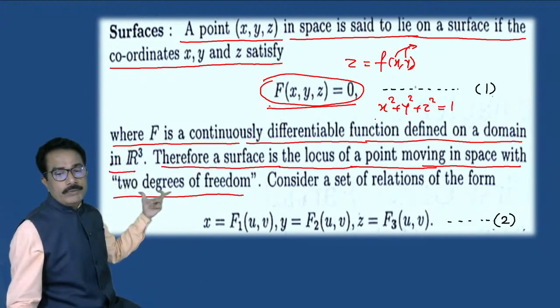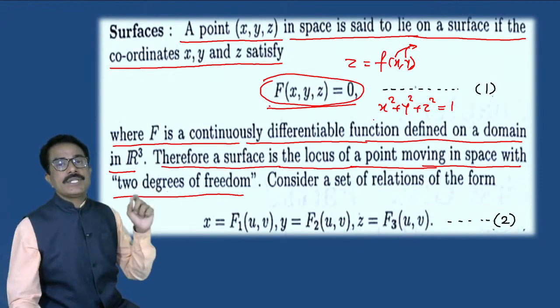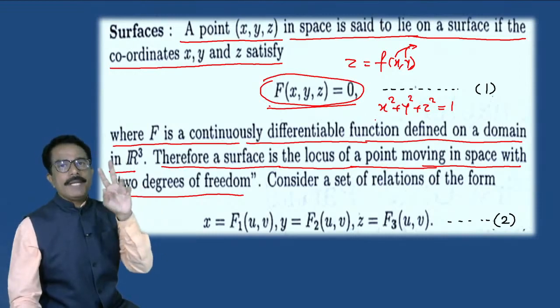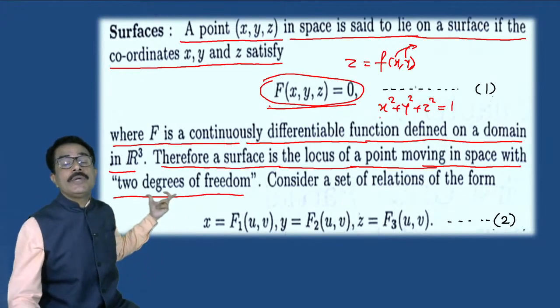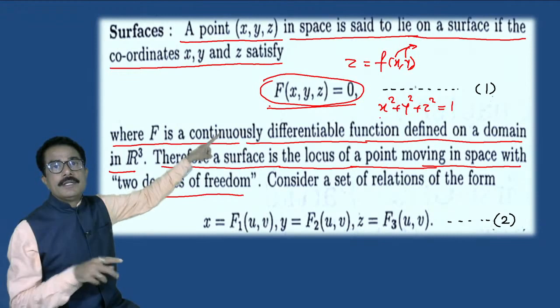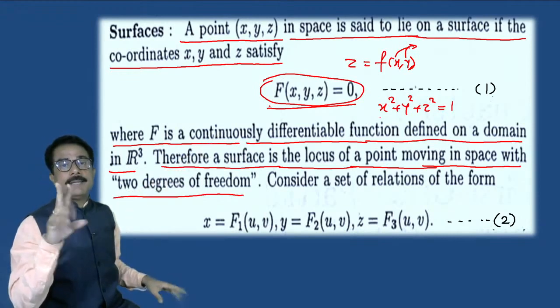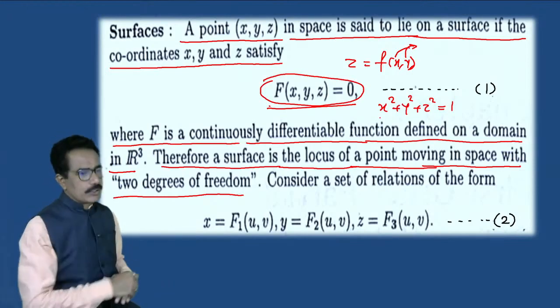That means we have 2 degrees of freedom. Degree of freedom means the minimum number of independent variables by which the function can be specified. If you want to define this function, you must know at least 2 independent variables, and then the third variable can be fixed.